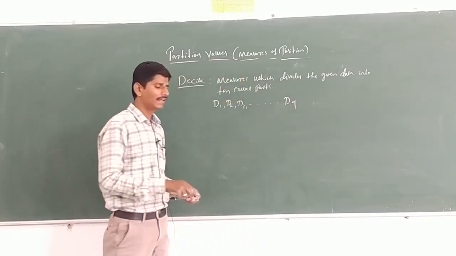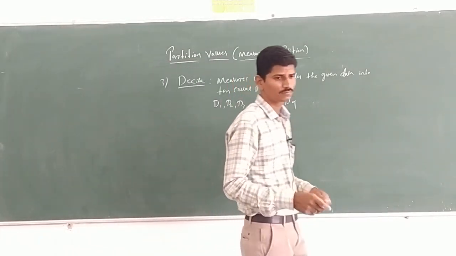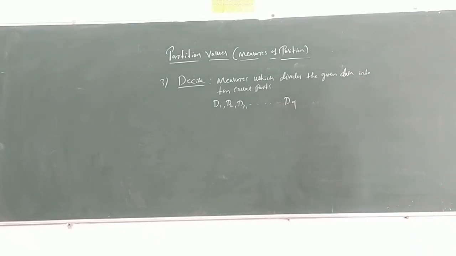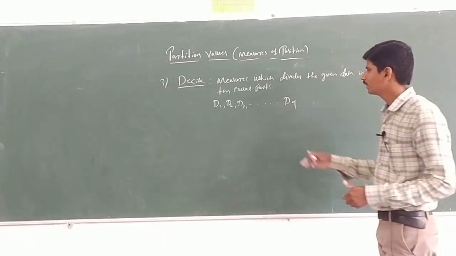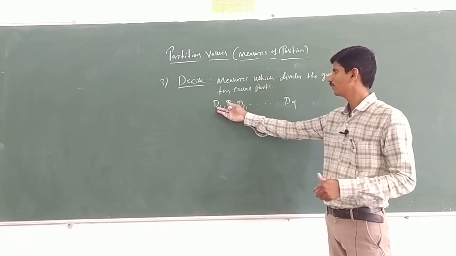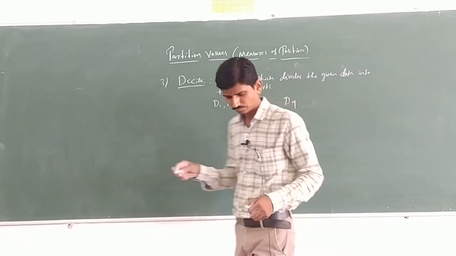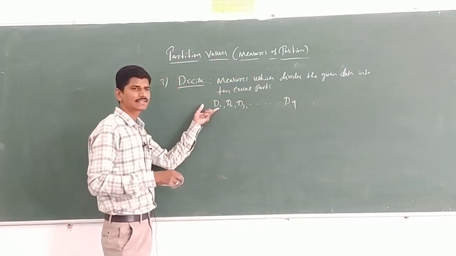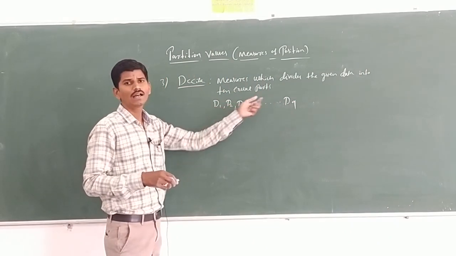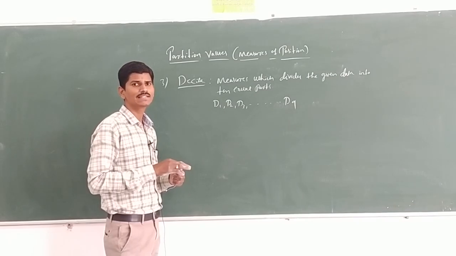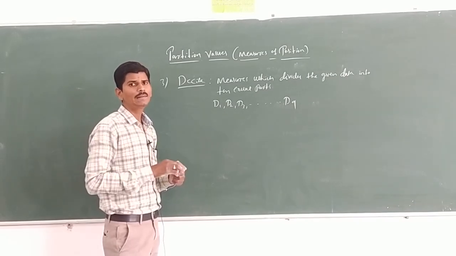There are 9 deciles which divide the given data into 10 equal parts. D1 is the first decile, then second decile, third decile, up to the 9th decile.